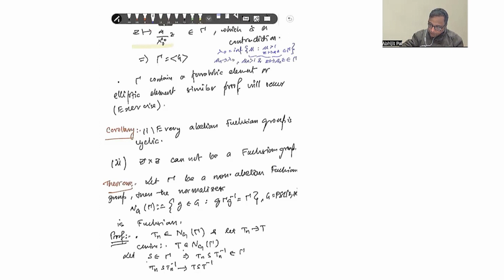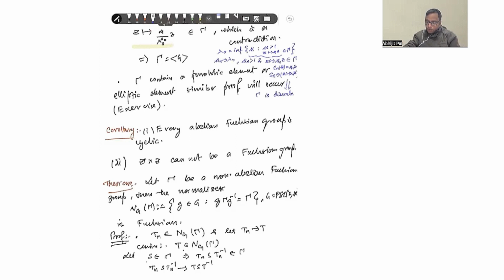So from here, if I take Sn z equal to mu n z, then Sn is converging to this map z goes to lambda naught z.